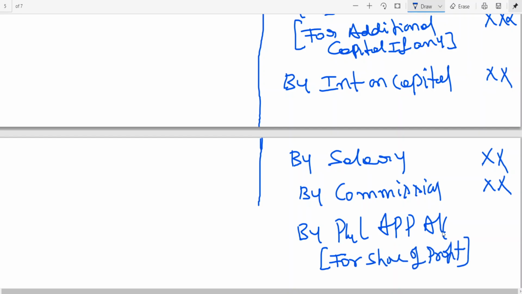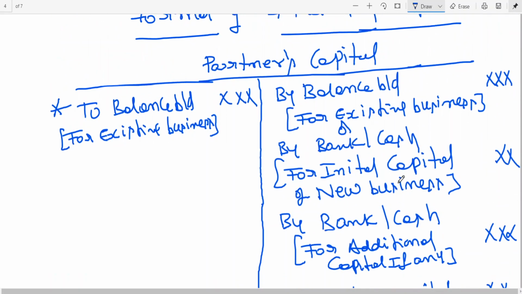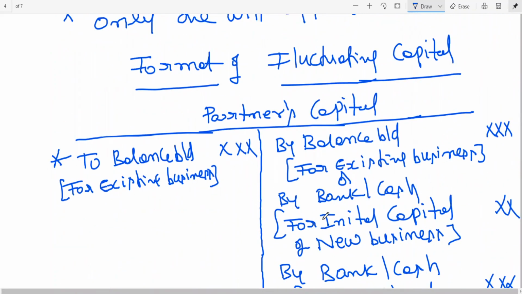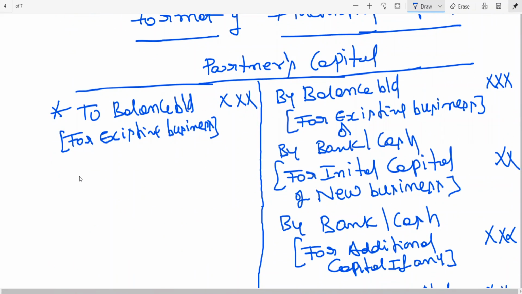If there are two partners, you need to open accounts in the same format two times, right? A's capital account, like B's capital account, like that. Then here, to interest on drawings. Then next, 2.